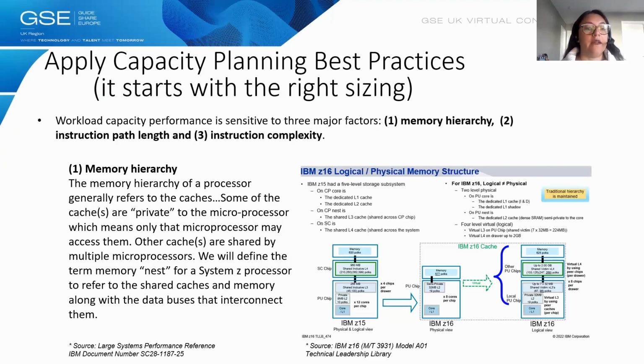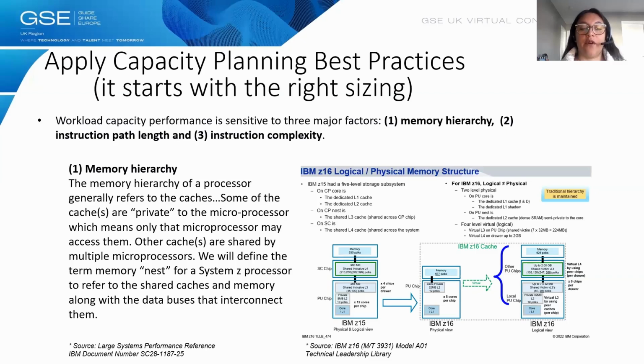So basically, the memory hierarchy of a processor generally refers to the caches. Some of the caches are private to the microprocessor, which means only that microprocessor may access them. Other caches are shared by multiple microprocessors. So summarizing here, up to the z15, we had L1 and L2 caches dedicated to the PU core, right?